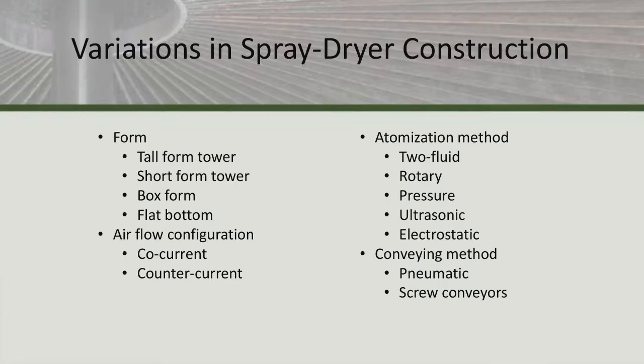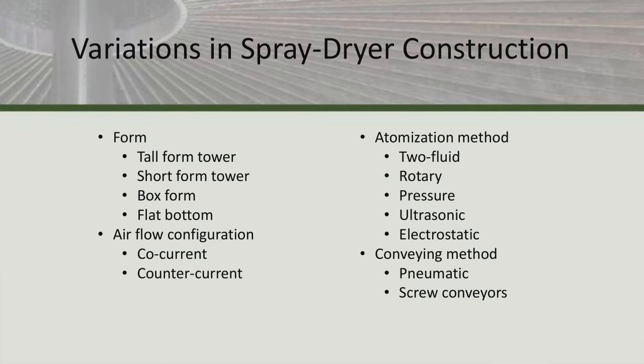Now, there's a lot of different variations in spray dryers. The ones I've just showed you are basically short form tower dryers with 2-fluid atomization, but there are so many different varieties that sometimes it's hard to even recognize a spray dryer when you see one. There's tall form towers that are much skinnier and taller.